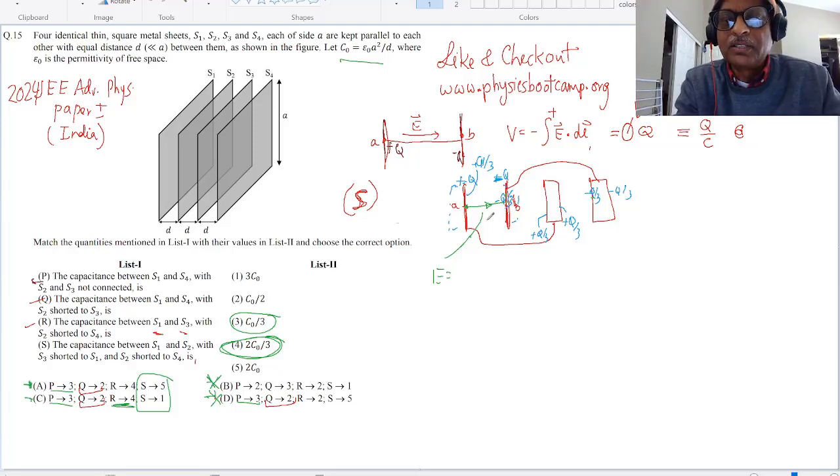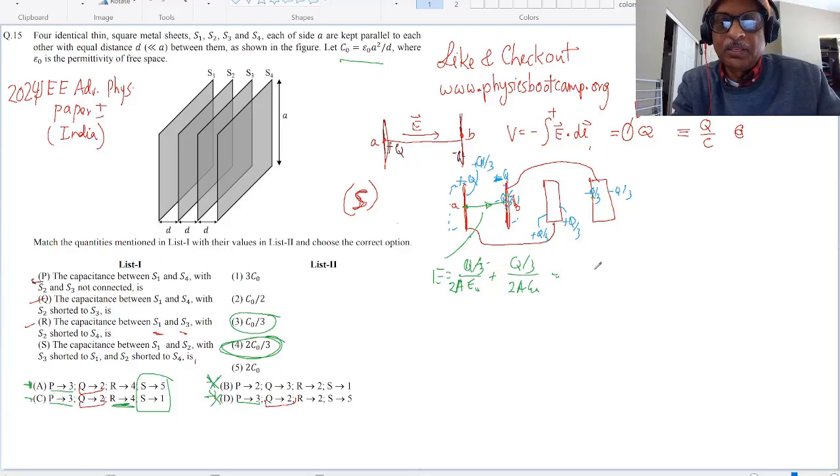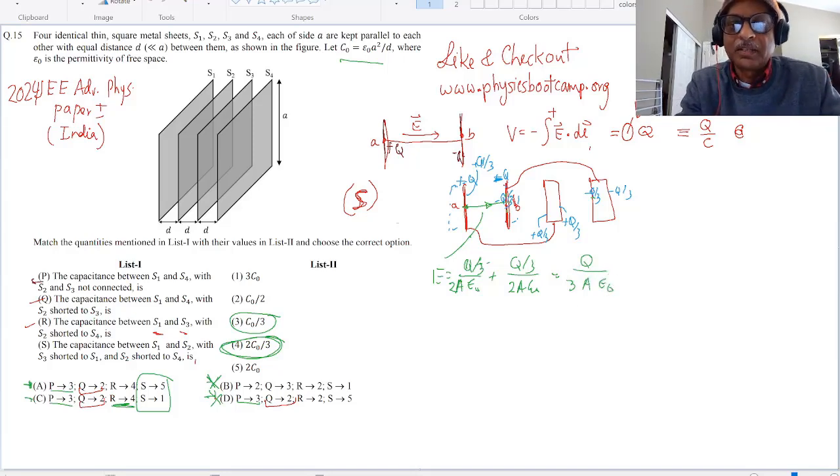So electric field is going to be Q over 3A times 2 epsilon naught from this plate plus Q over 3A times 2 epsilon naught from this plate, and this is just going to be Q over 3A epsilon naught. That's correct.